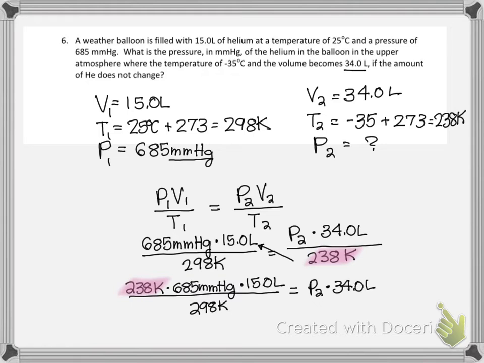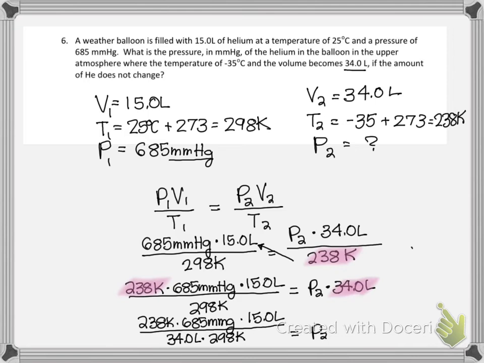Then to get the 34 to the other side, I'm going to divide both sides by it. So I would have 238 on the top times 685 times 15. I hope I'm not getting so low you can't see the closed captioning. Then I still have the 298 Kelvin, but I'm going to divide by this 34 on the other side.